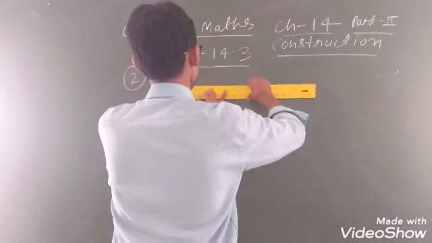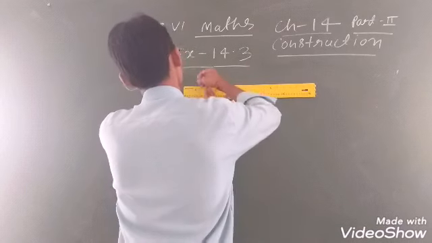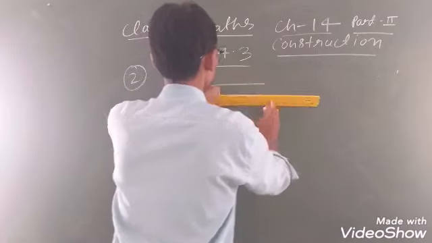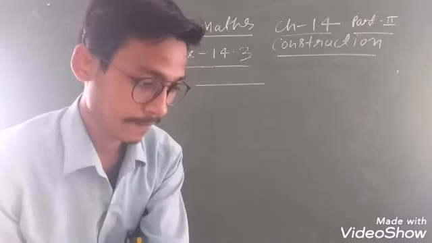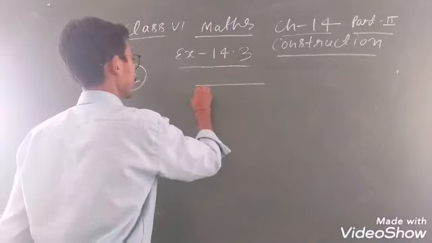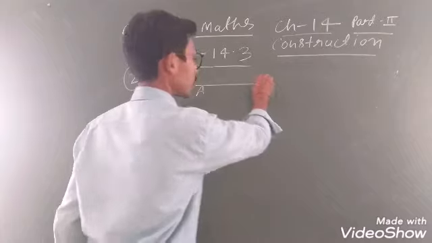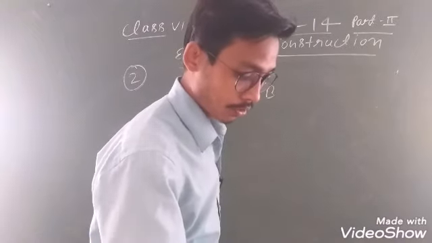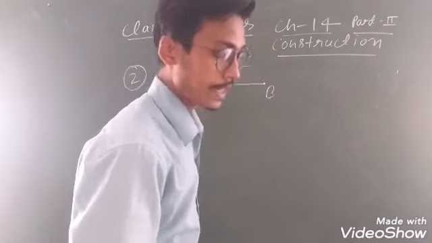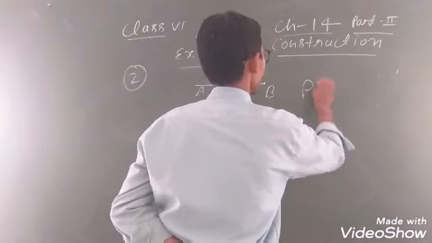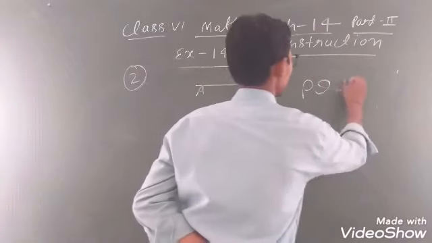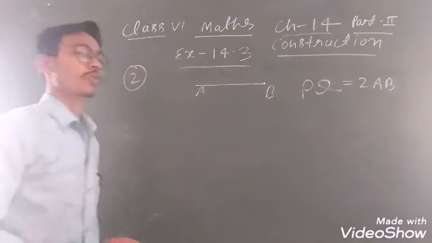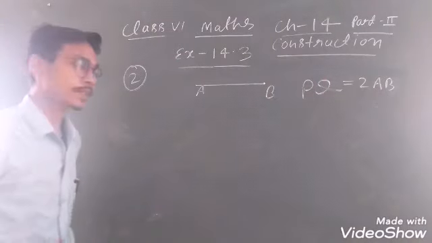AB is given, so I don't know about the length of this, here randomly I am drawing this given AB, ठीक है ना। चलो, this is our line AB, clear. You have to construct PQ which is twice of AB, ठीक है ना। Clear student?